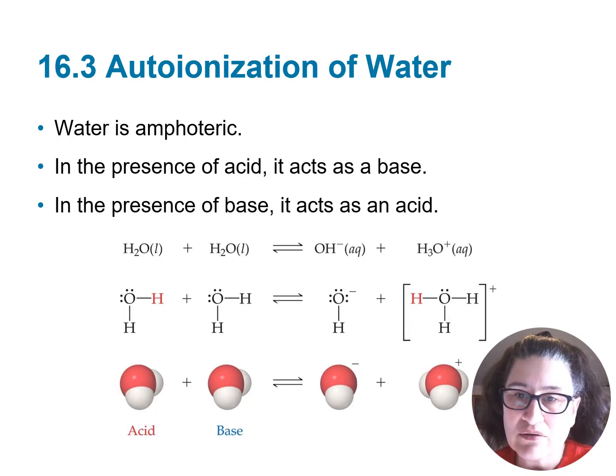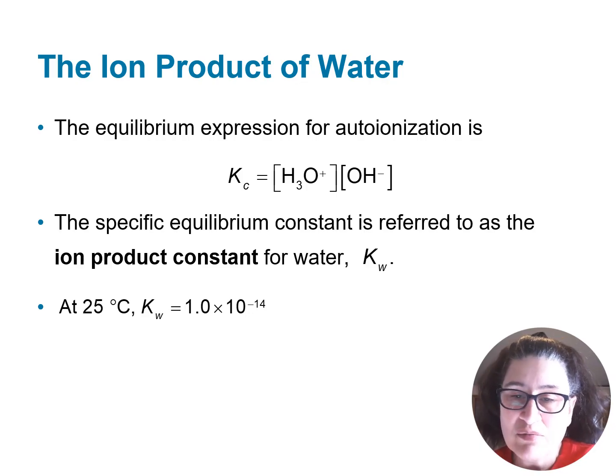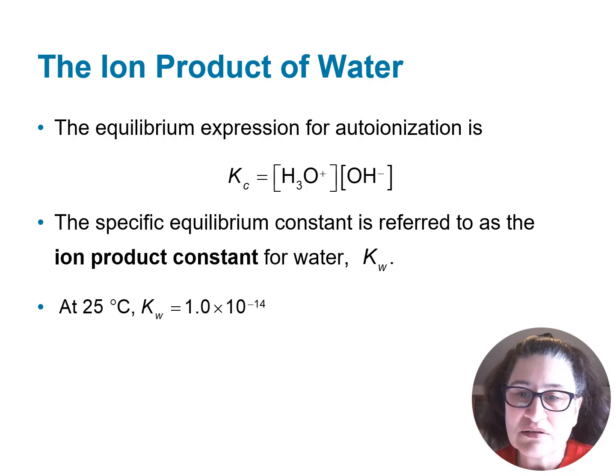All right, we already talked about water being amphoteric. So that means if water reacts with itself, one of the molecules is going to donate a proton, and the other one is going to accept the proton. So we have it acting as both an acid and a base. Now, if we write that as an equilibrium expression, we would have H3O plus times OH minus over whatever the reactants are, in this case water.